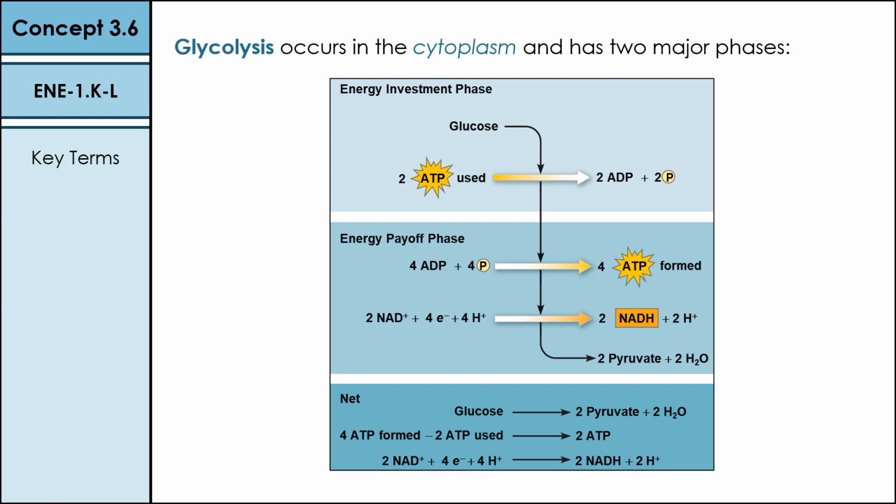And then in addition to that ATP, we've got a couple of high energy electron carriers that we produce that can go on to oxidative phosphorylation, and we can use those later on to generate more ATP. Glycolysis is a process that does not occur in the mitochondria.